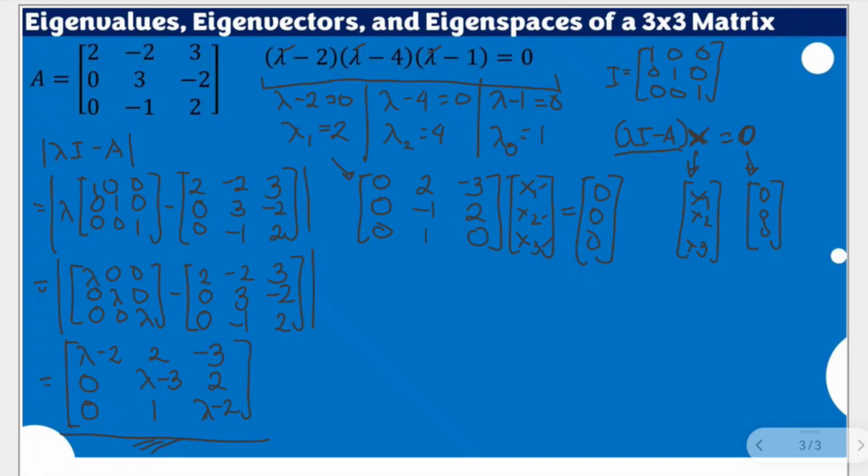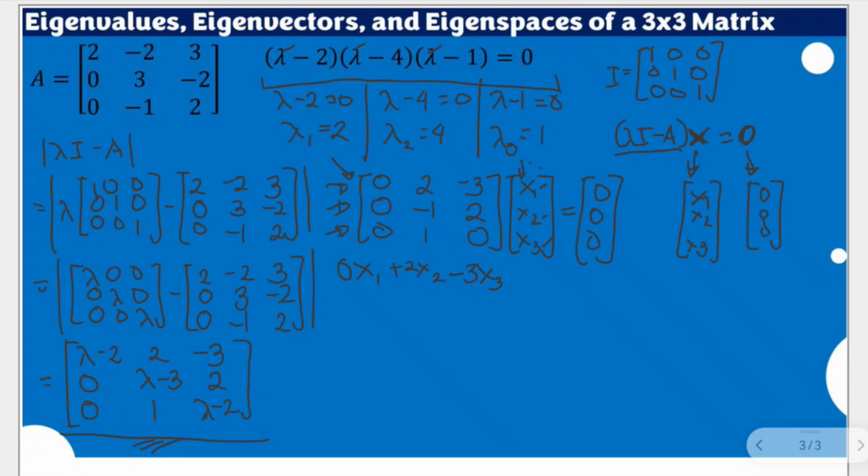Now, in solving for the values of x sub 1, x sub 2, and x sub 3, of course, you could apply different methods here, but one of which is very unique already, just by analysis. If we multiply all these 3 rows to this, you will always receive 0 x sub 1 here, because the first row is 0 x sub 1 plus 2 x sub 2 minus 3 x sub 3.